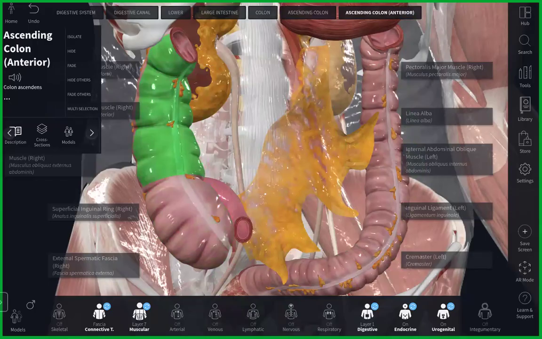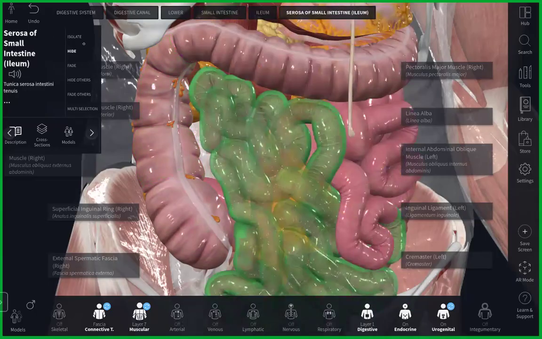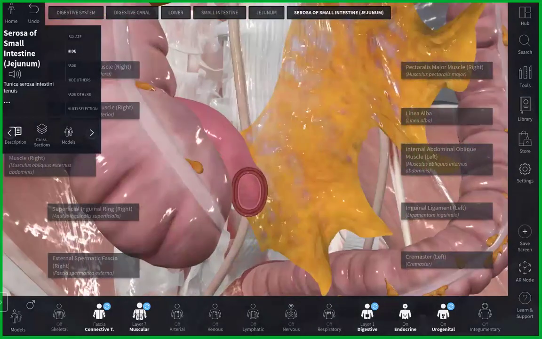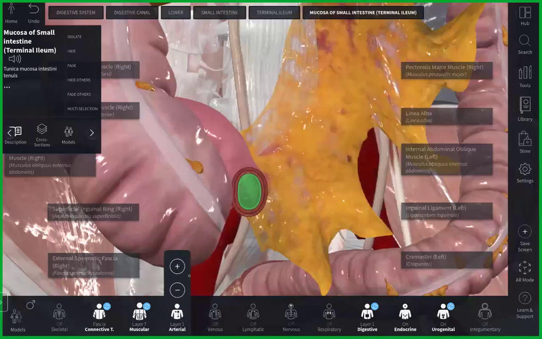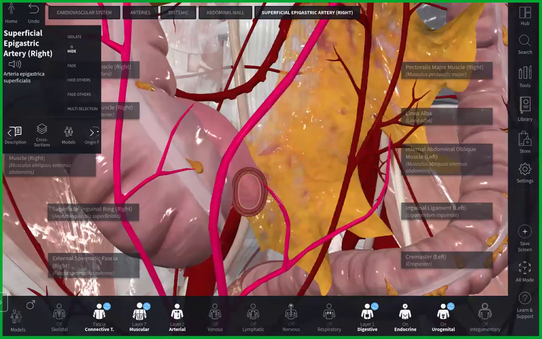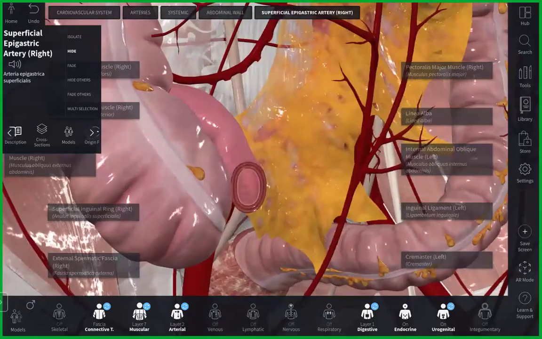So duodenum, jejunum, ileum, ascending colon, transverse colon, and okay, we can see it. So then we have to add arteries. So why do we need to add arteries? Because you need to know some blood supplies of colon.